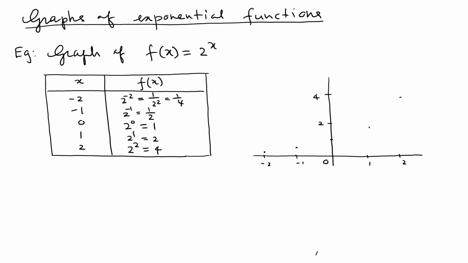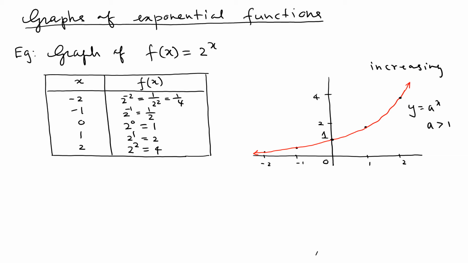Now we connect the dots and we get this graph. This is the shape of the exponential graph, and there are some special things. It always passes through 1, and it is increasing. This is the graph of y equals a to the x when a is greater than 1. You can see it is increasing.